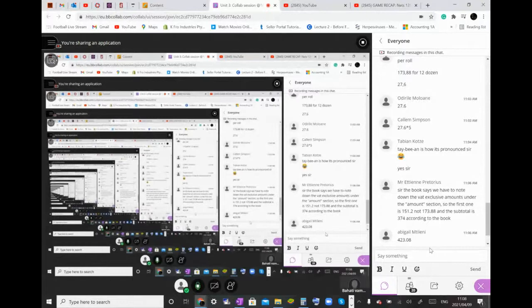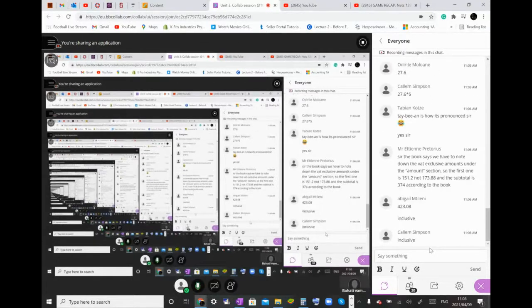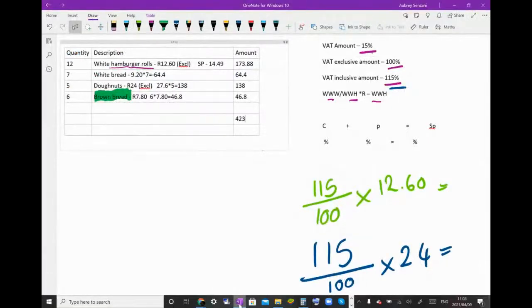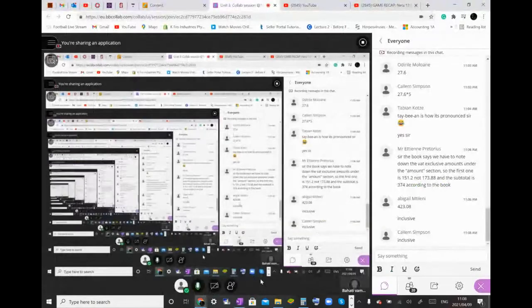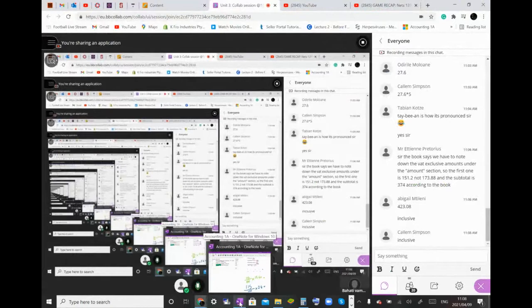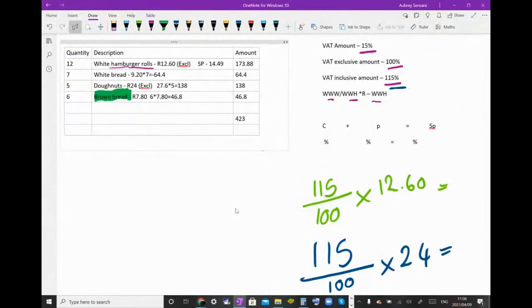Inclusive, okay? So since they said complete the invoice, I want us to write this total inclusive of VAT. We're also going to jot down the amount exclusive of VAT. Okay, it's fine. We'll also write that down.